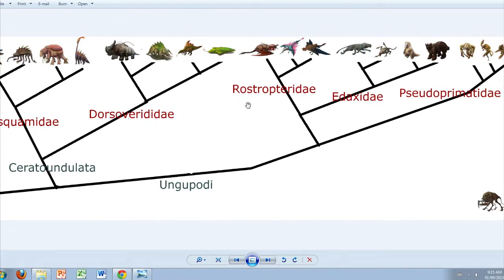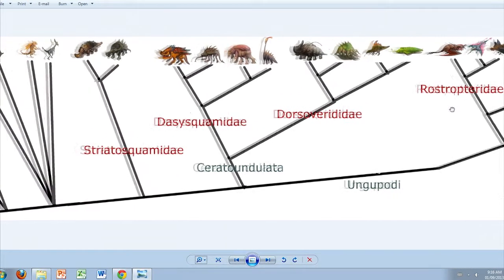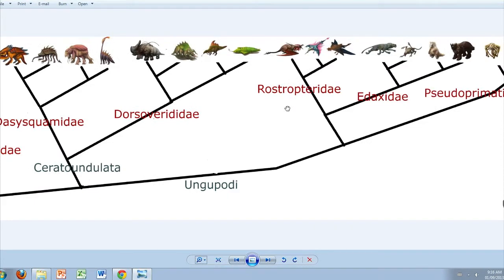Birds are most closely related to crocodiles than any other living animal today. And so if you want to include crocodiles in with reptiles and turtles in with reptiles, then you have to include birds as well. So reptiles is what we call a paraphyletic group, or a paraphyletic assemblage, because not all the descendants from a common ancestor are shared there.